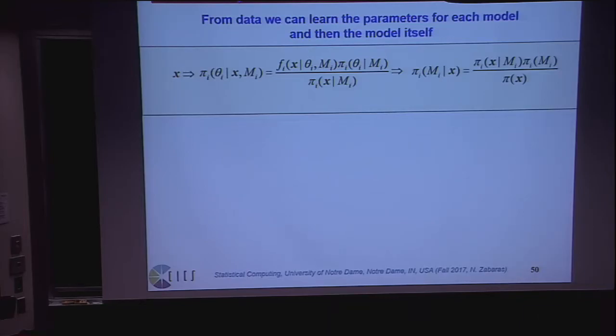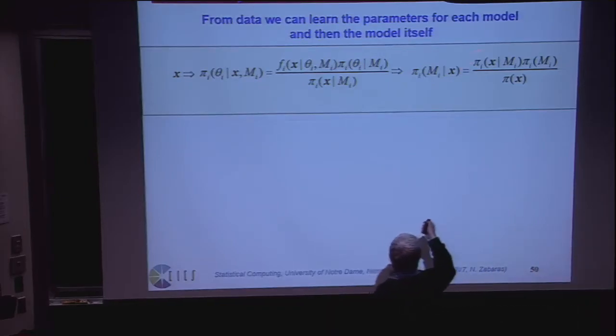So how do we now compute a posterior over models? By using Bayes' rule, it requires that we know the marginal likelihood, which is this denominator, and this denominator is the integral of the numerator. This is the prior of model MI.